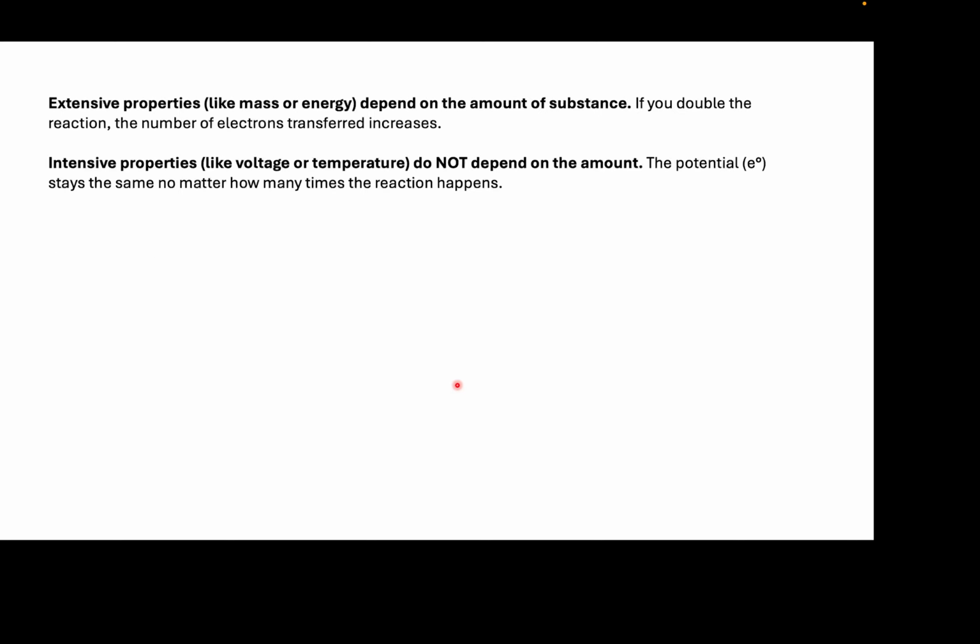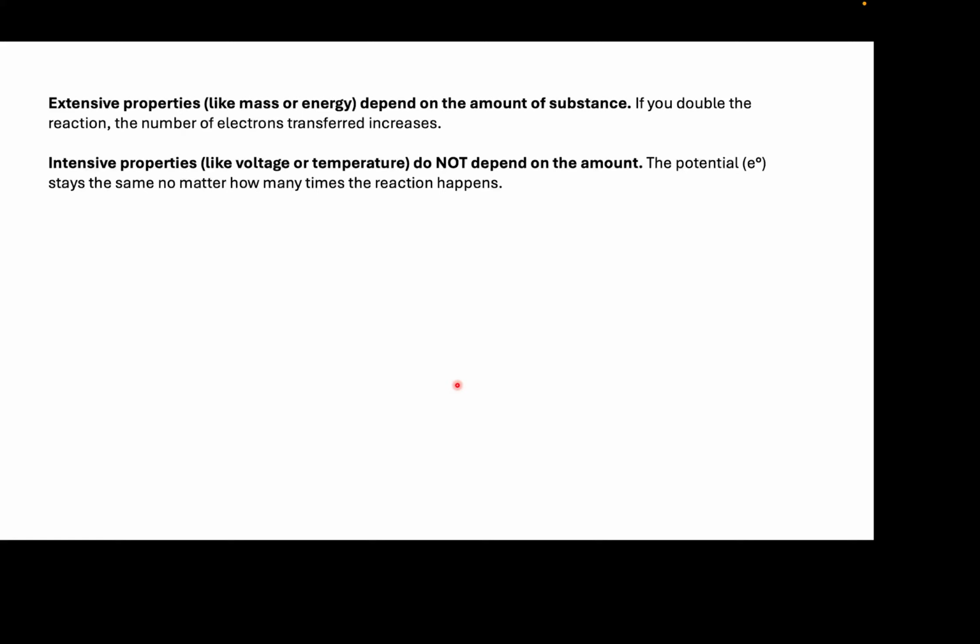So what exactly do we mean by extensive and intensive properties? Extensive properties like mass or energy depend upon the amount of the substance. If you double the reaction, the number of electrons transferred increases. If you put more mass, it will have more atoms, it will transfer more electrons. So it's an extensive property.